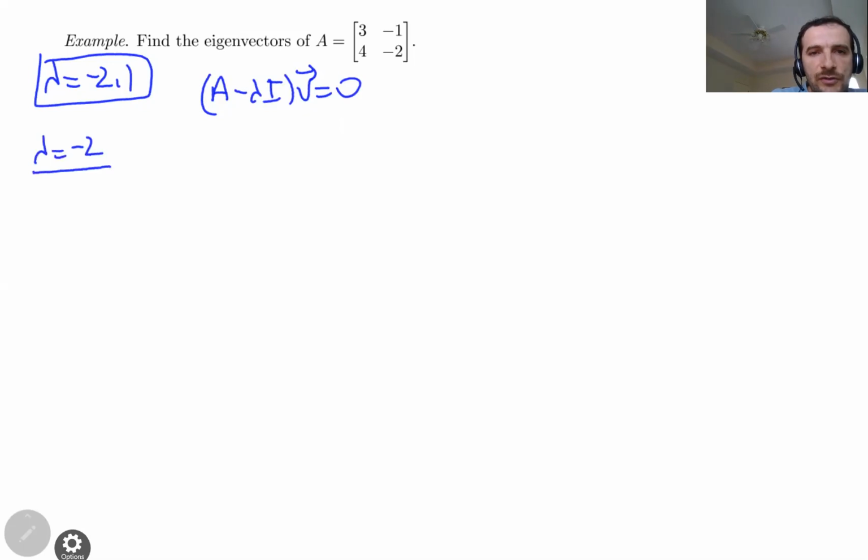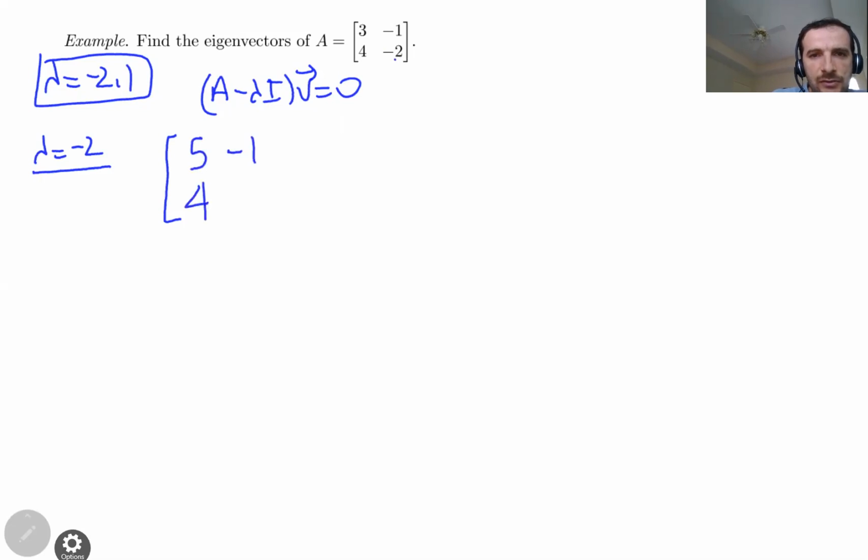For negative 2, what do we get? If I just plug in minus 2, I will get a minus, so I will just add 2 to the diagonal entries, right? 5, minus 1, 4.